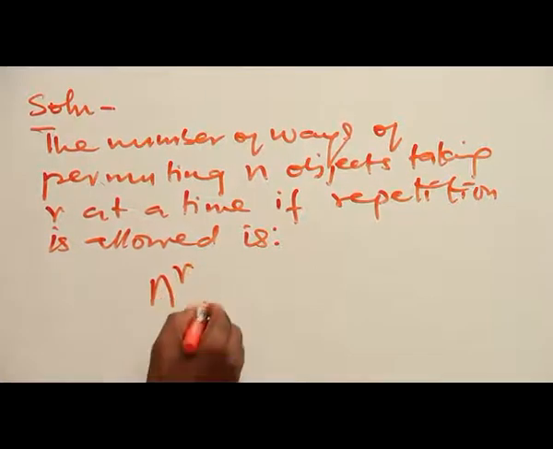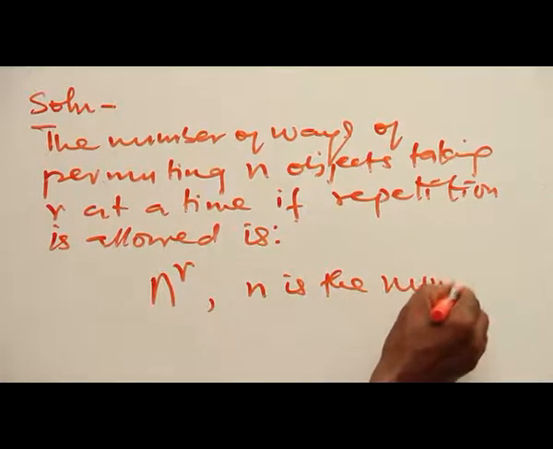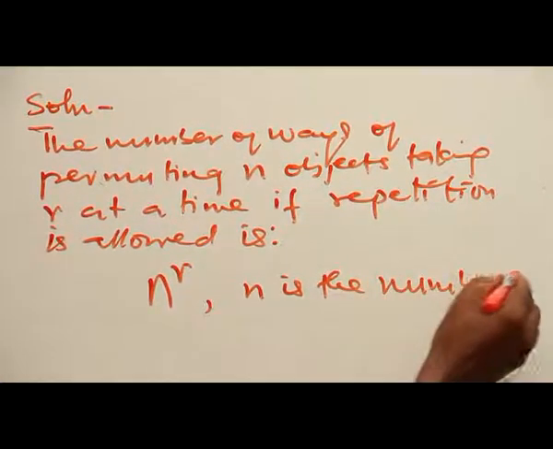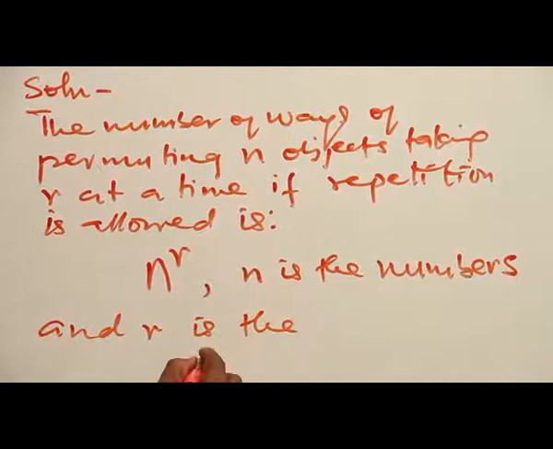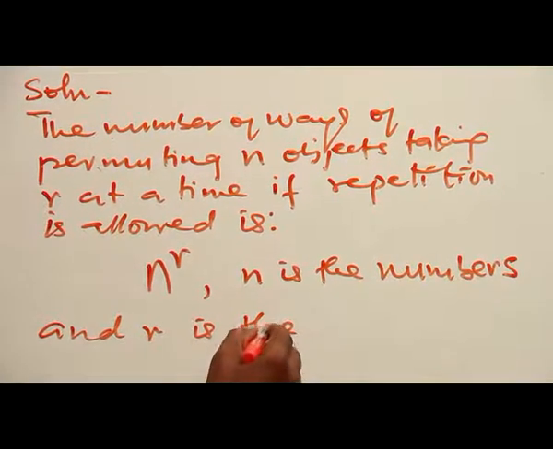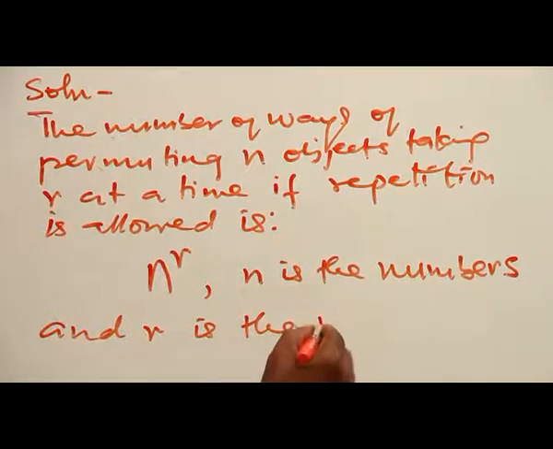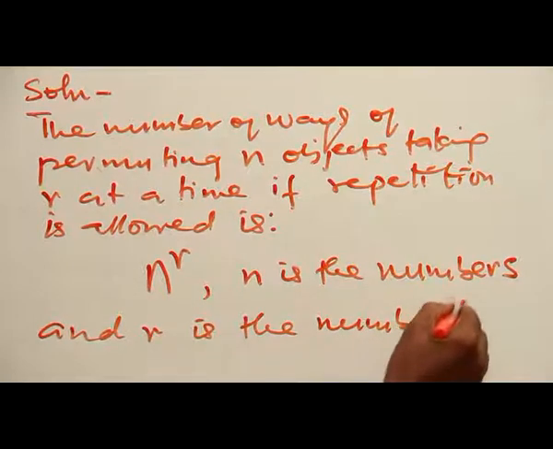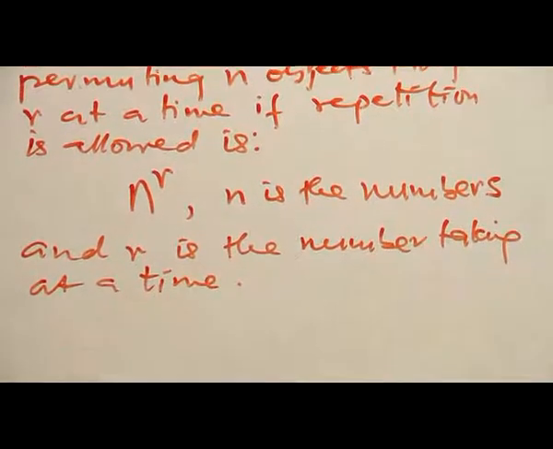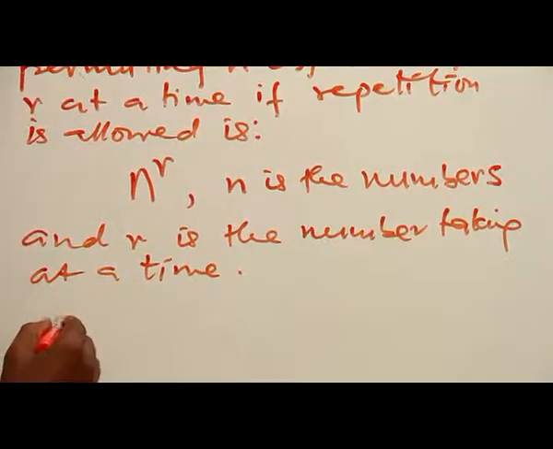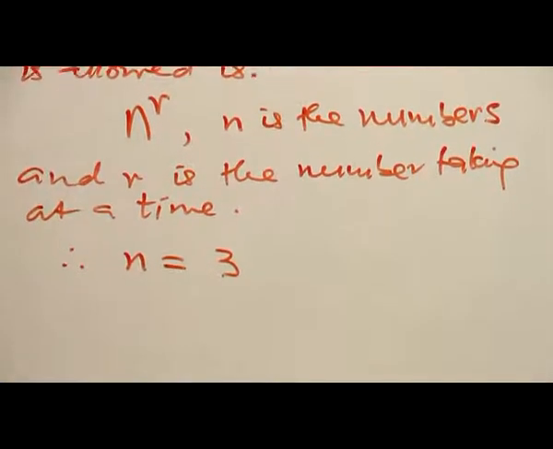n raised to power R, where n is the number of objects and R is the number taken at a time. So in other words, for this case, our n is 3, because there are three numbers involved, 1, 2, and 3.